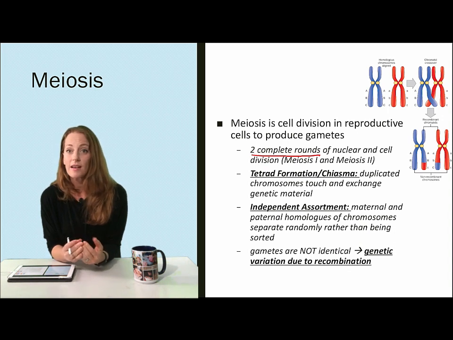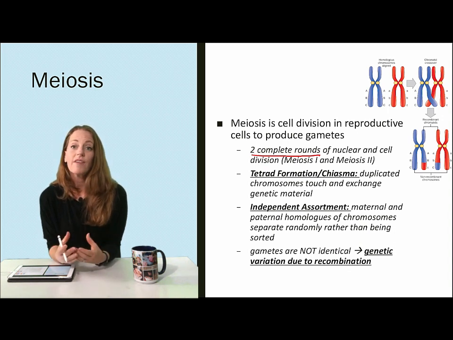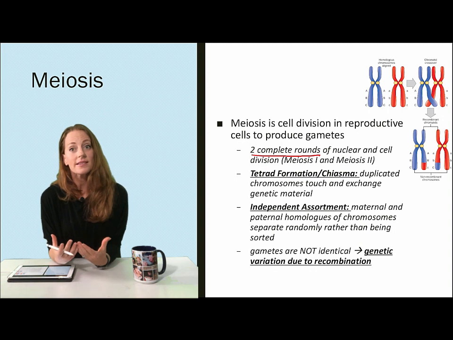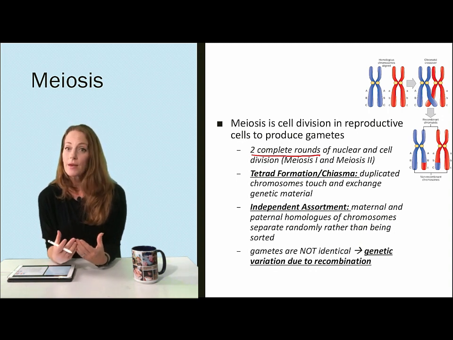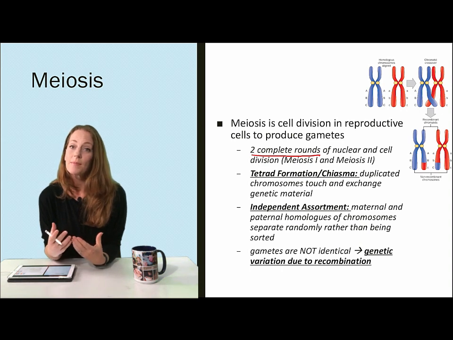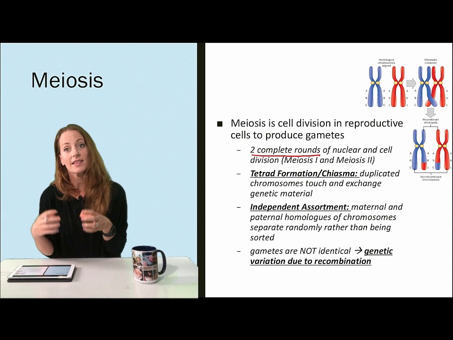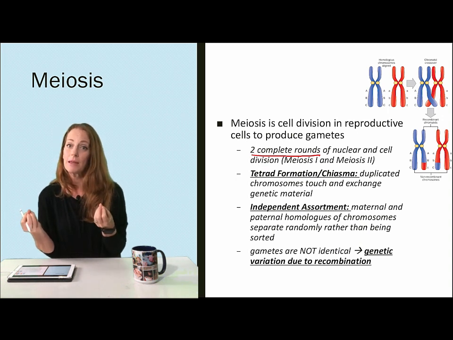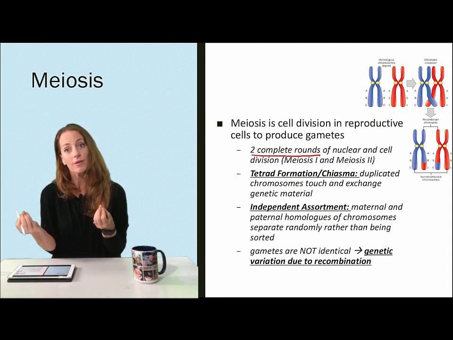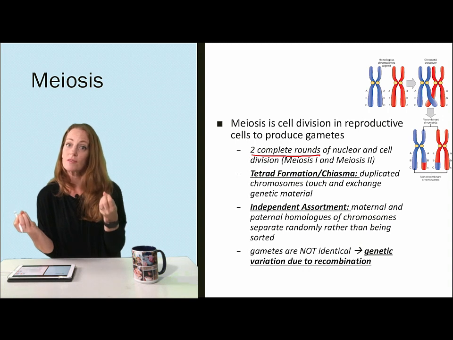Mitosis is the process of nuclear division followed by cytokinesis, cell division. In meiosis, you have two complete rounds of that, so that you end up splitting the groups of chromosomes in half, and that's how you end up with haploid gametes, with half the amount of chromosomes in the original cell.